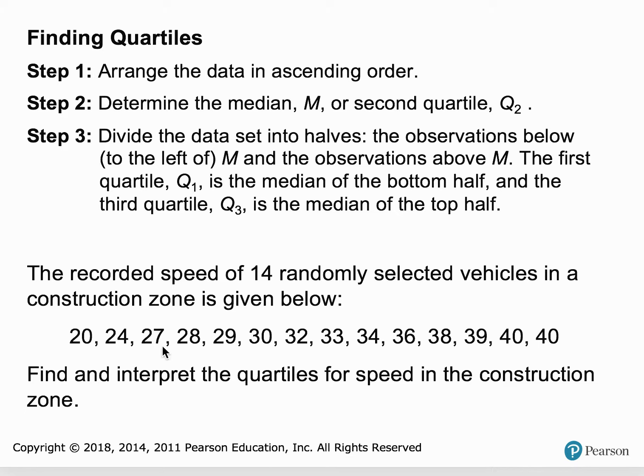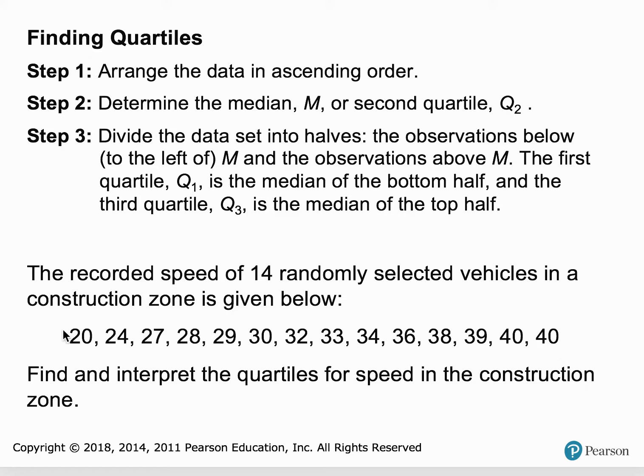All right, so this data, yes, is already in ascending order. It is the recorded speed of 14 randomly selected vehicles in a construction zone. All right, so 1, 2, 3, 4, 5, 6, 7, 8, 9, 10, 11, 12, 13, 14. 14 plus 1 is 15 divided by 2 is 7.5.